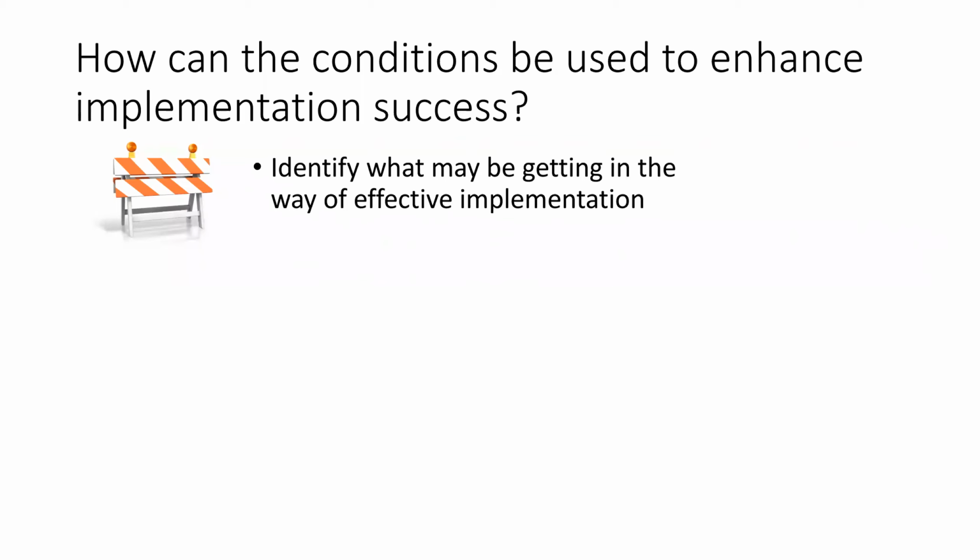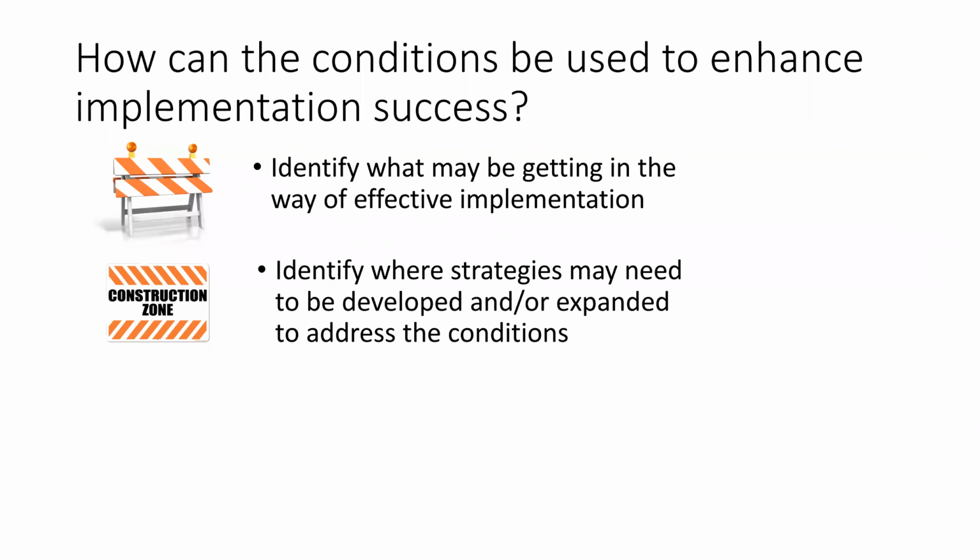So now that you know that, you can address those through new strategies and new training. Another way you can enhance implementation is to identify where strategies may need to be developed and or expanded. So very similar, once we realize where what we're doing isn't quite sufficient, we can then either expand strategies or develop new strategies to address the conditions.